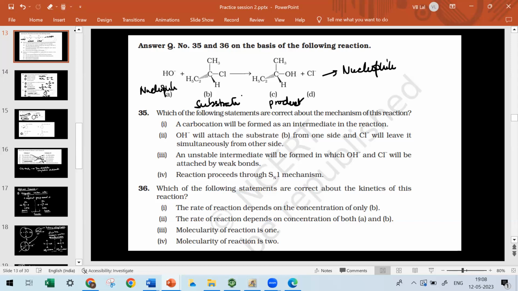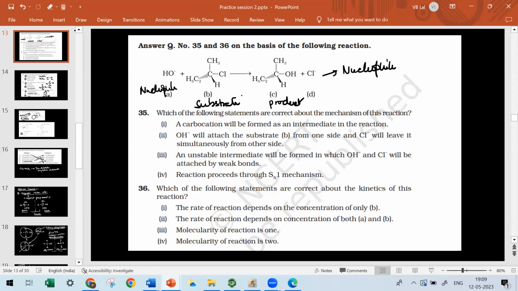Now, Sai Krishnan, Sai Kalyan, see what you said, option 2. So OH will attach to the substrate from one side, and Cl will simultaneously leave from the other side. Now here, can you see this molecule and this molecule?